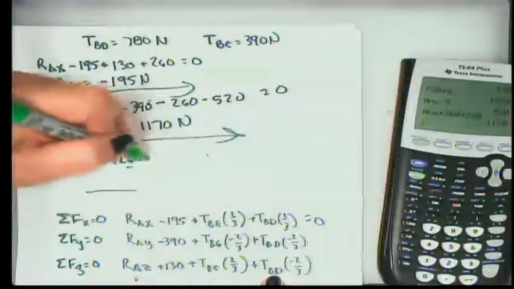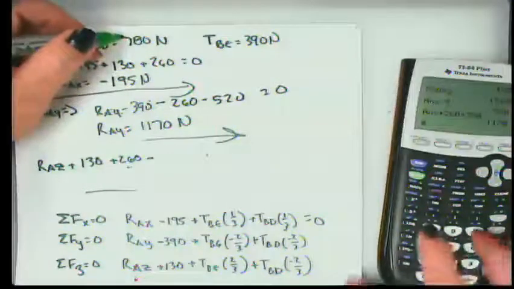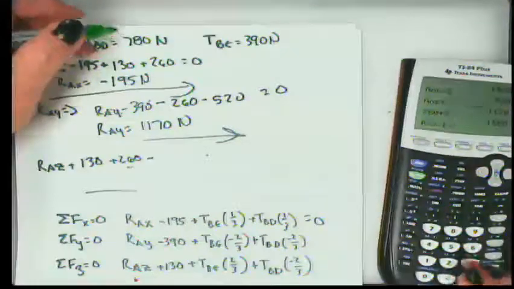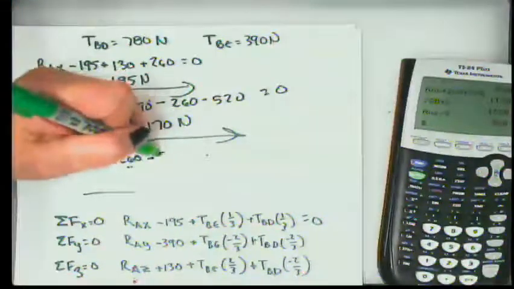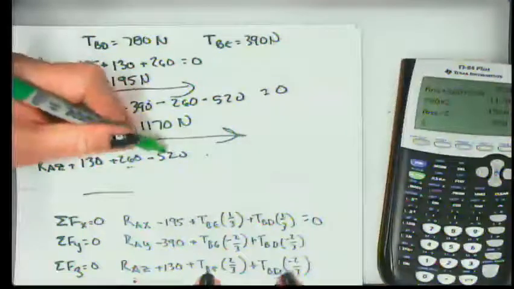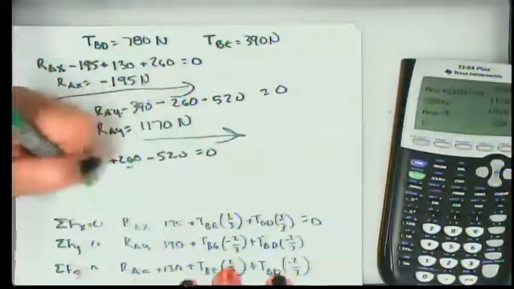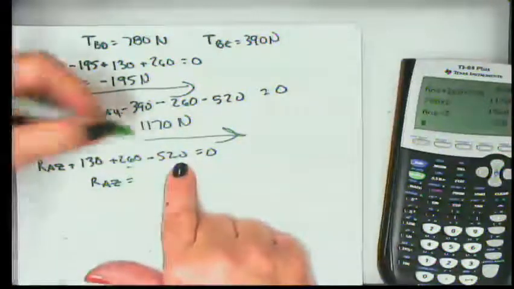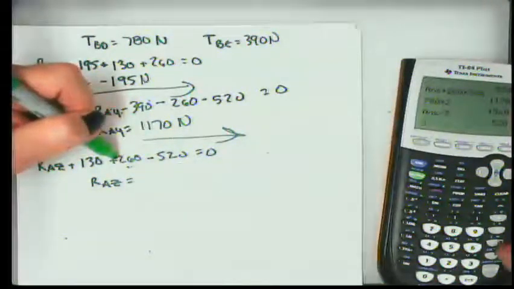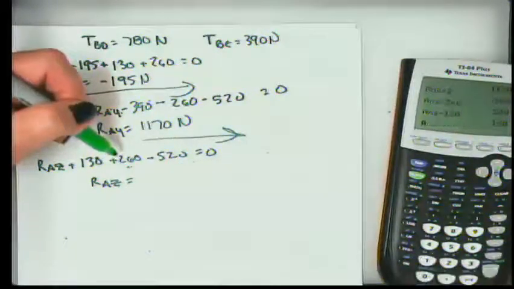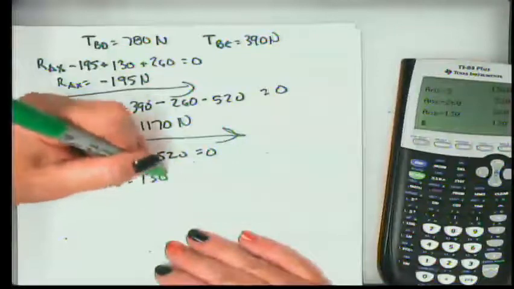And then minus 780 times 2/3, which is 520. So I have plus, plus, minus equals 0. So that means that RAZ, when this comes over, this is positive, this is negative, and this is negative. So that's 130 newtons.